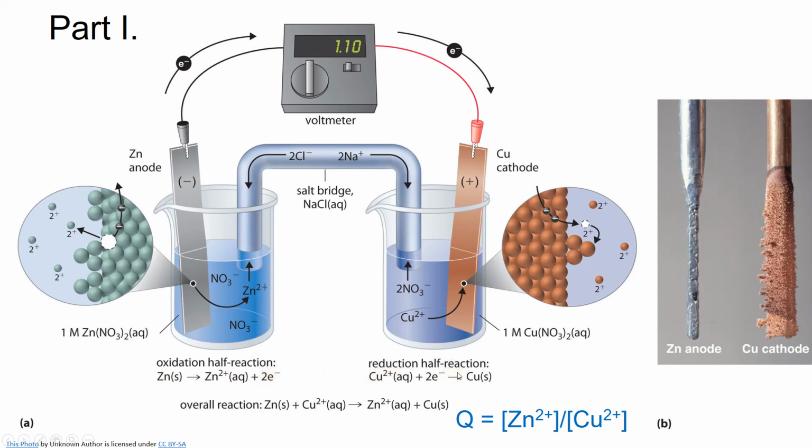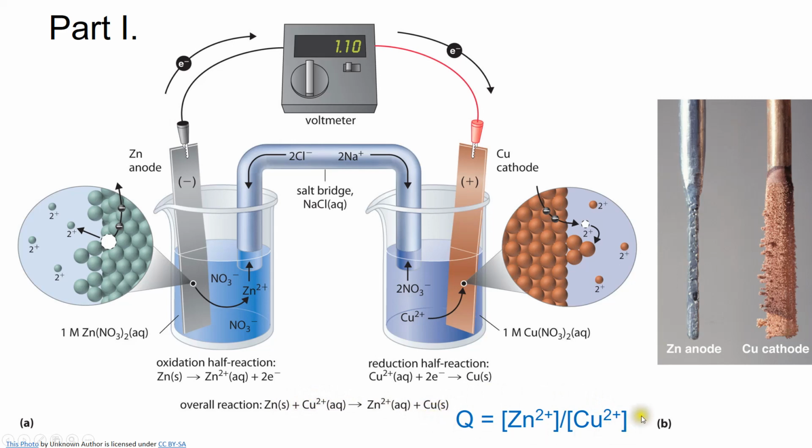This is the reduction half reaction. Copper 2 plus gets 2 electrons and becomes a neutral copper atom. Overall, the reaction is this: zinc reacts with copper 2 plus and produces zinc 2 plus and copper. 2 electrons are transferred from zinc to copper 2 plus.